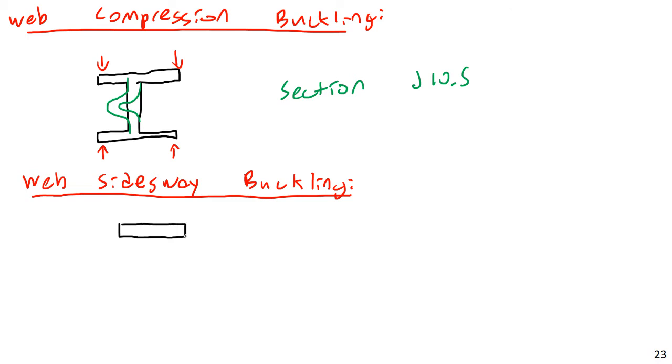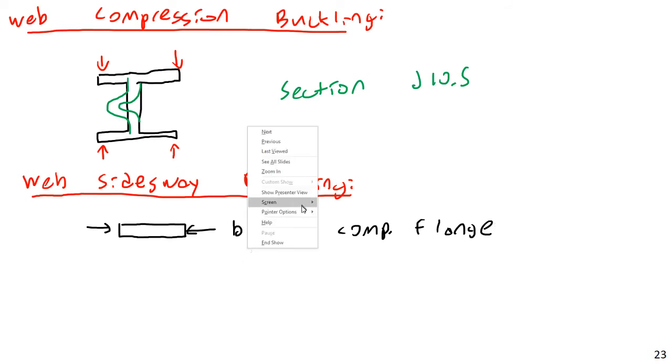And if you keep putting more and more load on this thing, so let's say that this is a braced compression flange, and then we're applying some load P to this thing.